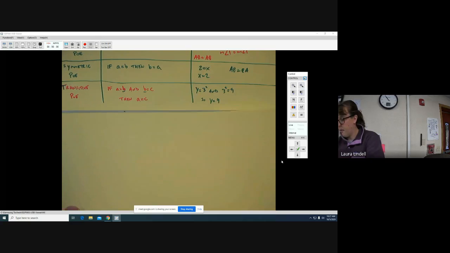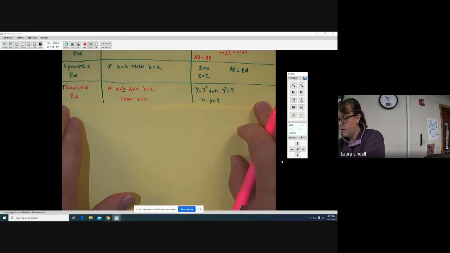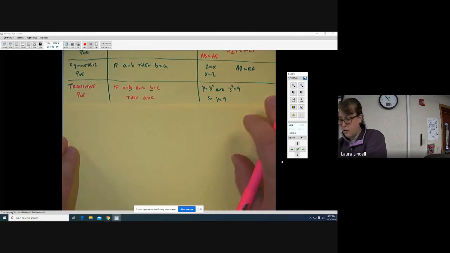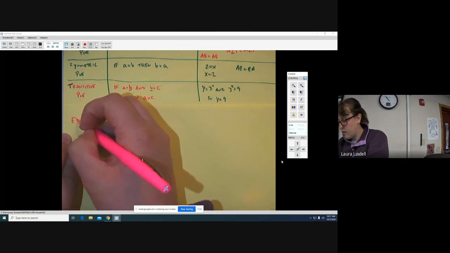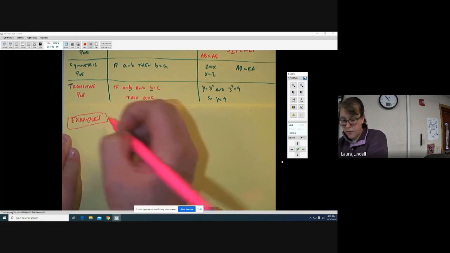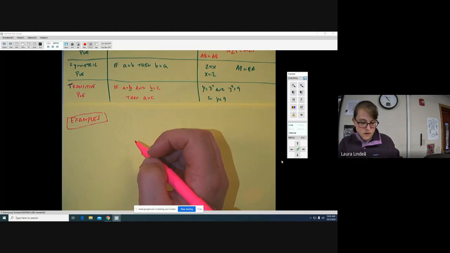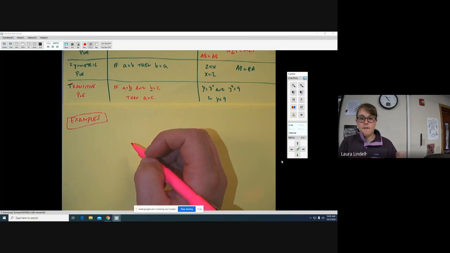Getting another piece of paper here for examples. Okay, so we might see problems like this where you're given a statement and you have to identify which property goes with that statement.